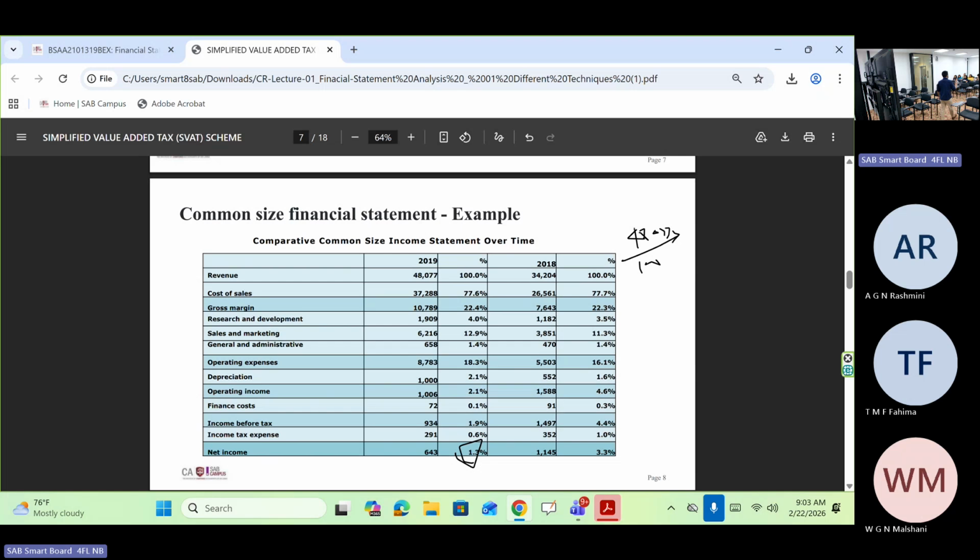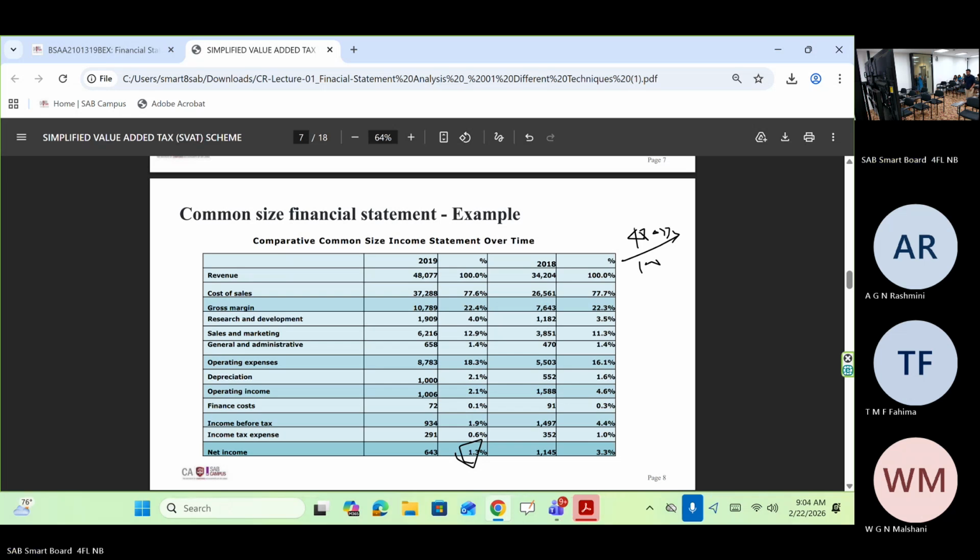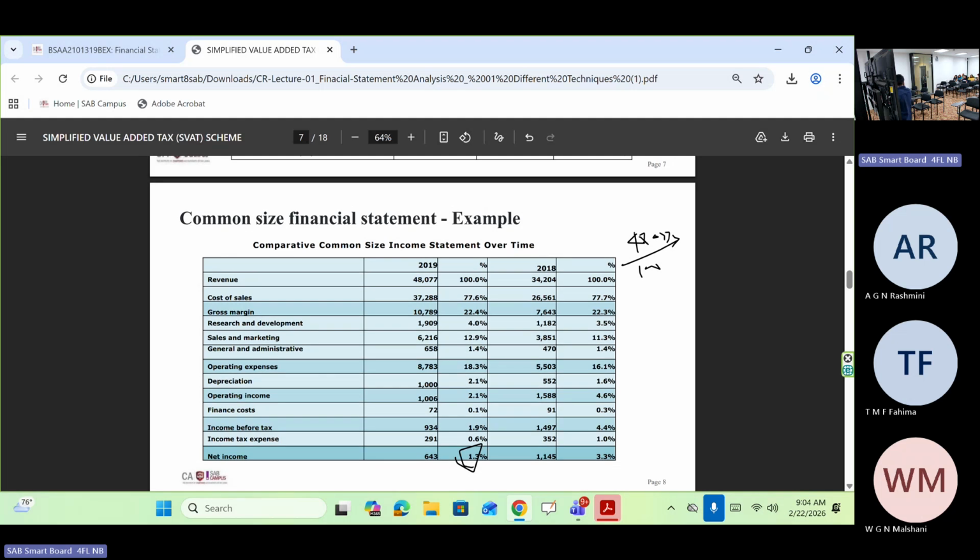You can't understand the difference of the base figure. Right, the base figure you are converting to the same number, maybe 100 or 1000. It's a limitation. Are you getting me? That table is here, right? And then let's say these are two different companies in the same industry, right?